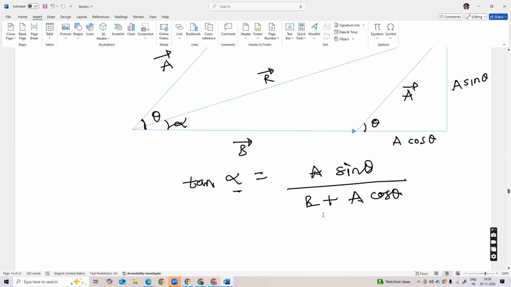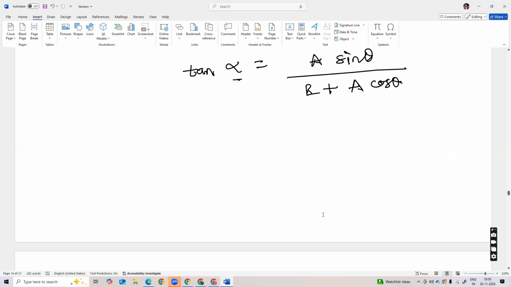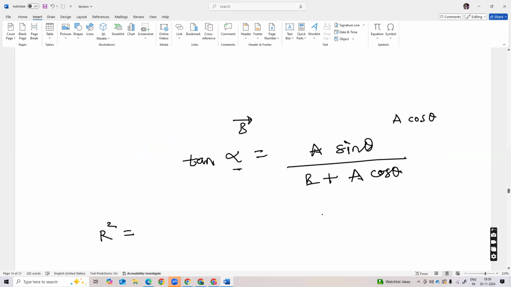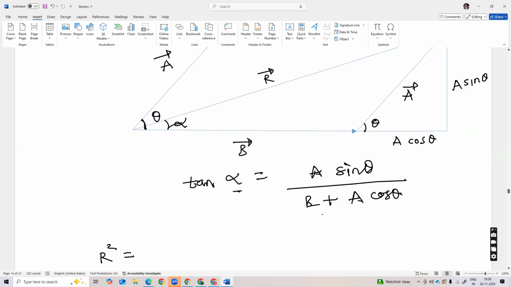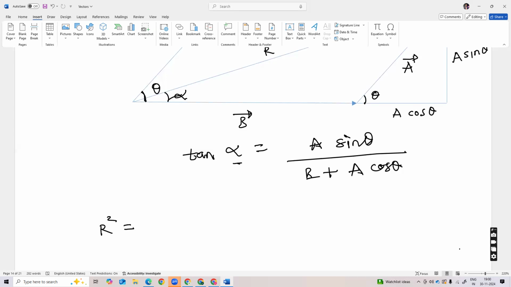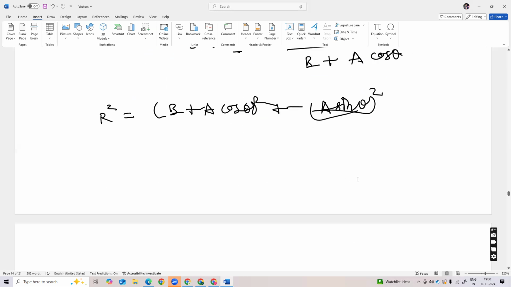Similarly, to find the resultant, from Pythagoras theorem the square of the hypotenuse is the square of the adjacent and opposite sides. So it will be B plus A cos theta whole square plus square of A sine theta. So this is how we will find the magnitude.